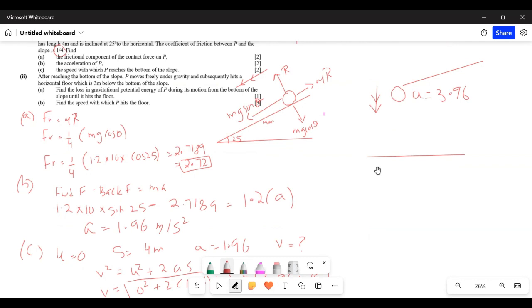Okay. अब free fall में acceleration is 10 meters per second square. Or this distance is 3 meters. So S is 3 meters.